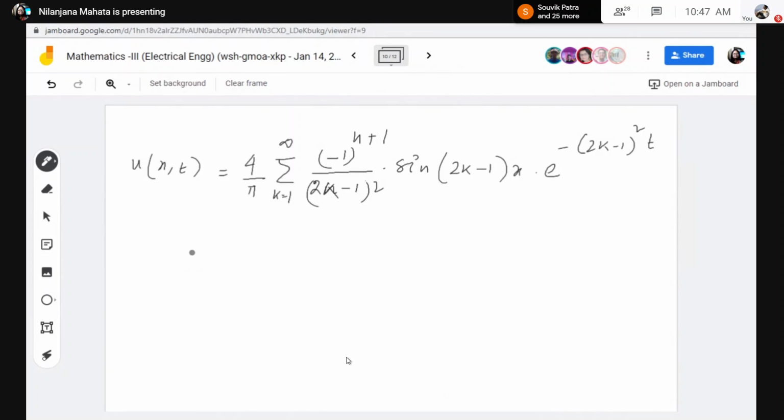Now, the Neumann boundary condition. I think you will be able to do this type of problem very easily.